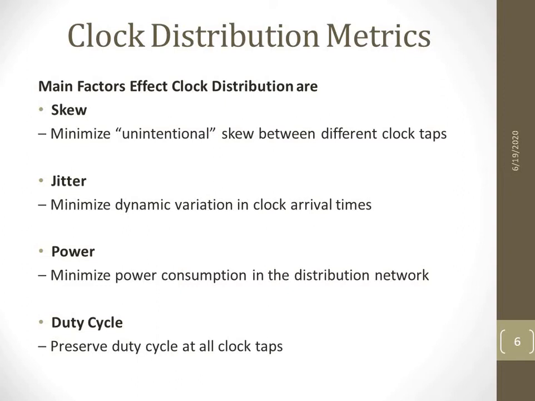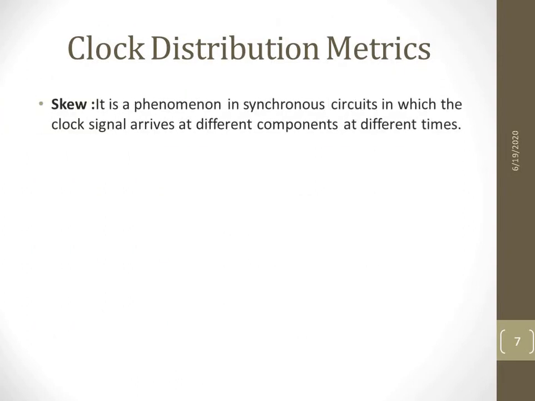So with that again the skew or the jitter may arise. So we need to preserve the duty cycle at all clock taps. So these are the clock distribution metrics. So let's look into them in detail.